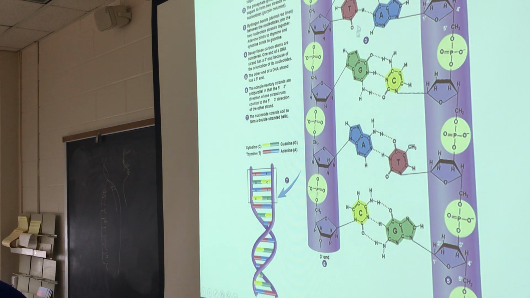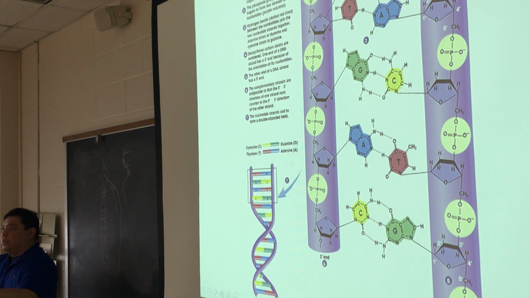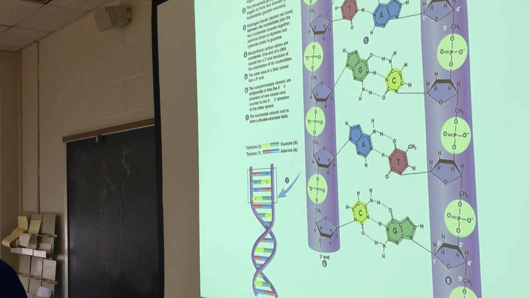Now, adenine's always with thymine also because it maximizes the hydrogen bonds. By the way, these hydrogen bonds are the only thing keeping your double-stranded DNA together, right? If we break apart the hydrogen bonds, your double-stranded DNA falls apart. They will no longer be reacting with each other.